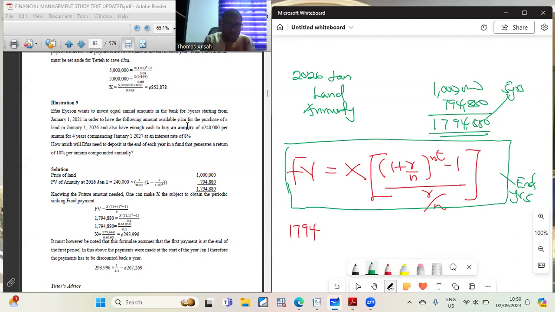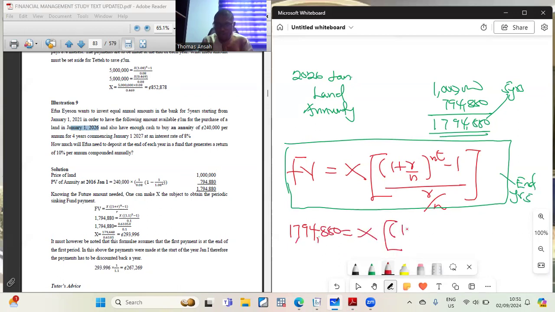But the question said if one wants the money at the beginning of that year. So when we get our final answer, we still have to PV it back to the beginning. So we have 1,794,880 is equal to x, what we are looking for.